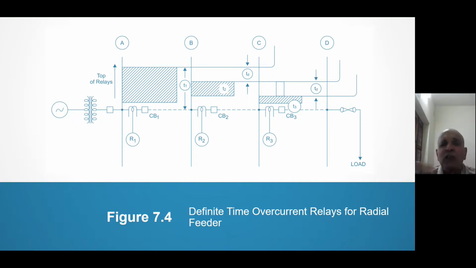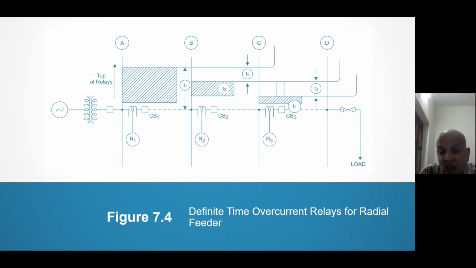Now, same radial feeder, I've got R1, R2, R3, feeders AB, BC, CD. Not necessarily there can be 3, there can be 4 or 5, but here I have taken 3. And transformers are there, but for the sake of simplicity, I have removed them. Now, my requirement is, if there is a fault in CD, R2 has to sense.